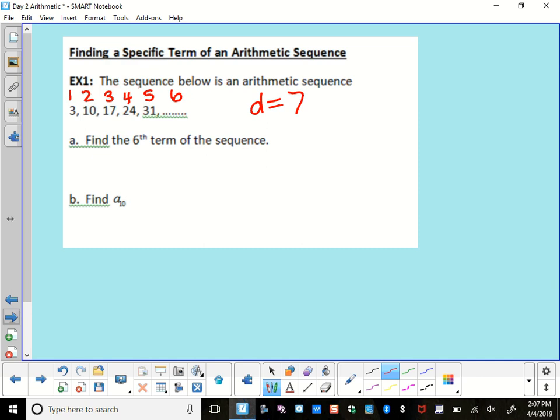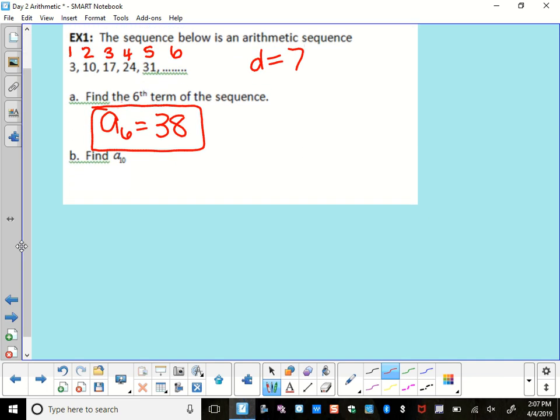All right, what's my sixth term going to be? 38, we know that because we added 7. Okay? So my sixth term, which I write a sub 6, equals 38. So what if we want to find our 10th term? What would the 7th term be? 38 plus 7? 45.